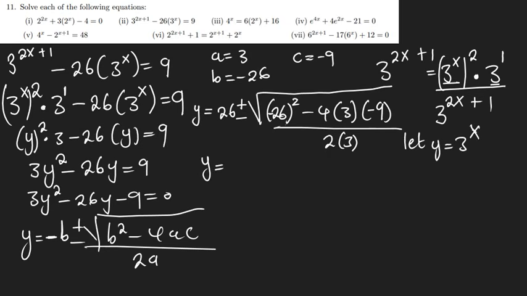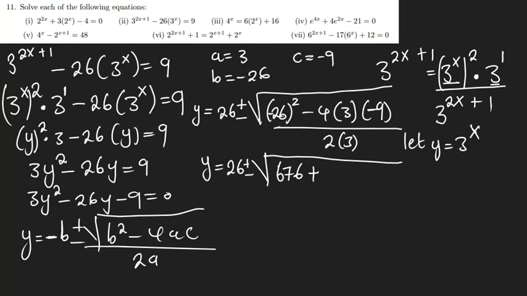So I'm going to have y equal to 26 plus or minus the root of 26 to the power 2, which gives me 676. Then this is going to be a plus because there's a negative here, so it's 4 multiplied by 3 multiplied by 9.